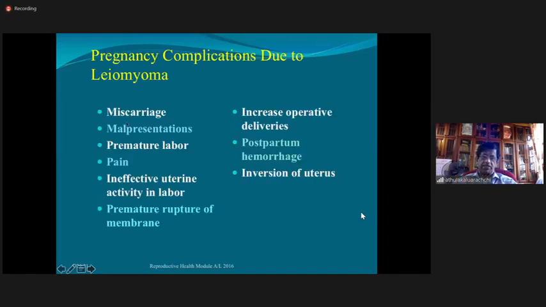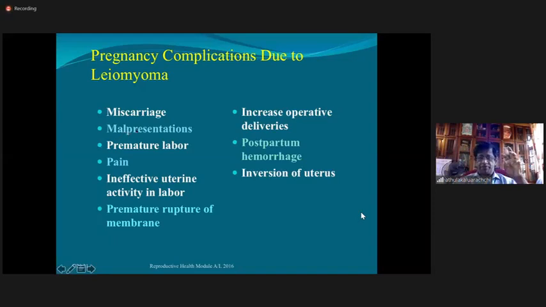There's a slightly higher risk of miscarriages in patients who have fibroids. As the pregnancy advances, as the patient goes towards the second, third trimester, you can have problems because of the fibroids causing mechanical problems.